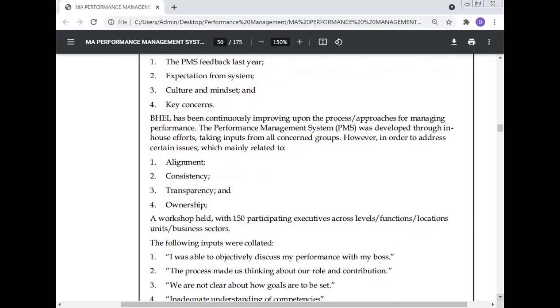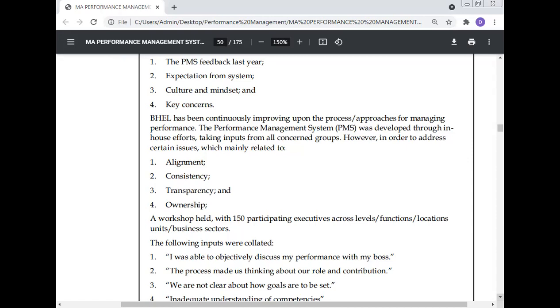Vail has been continuously improving upon the process approaches for managing performance. The performance management system was developed through in-house efforts, taking inputs from all concerned groups.